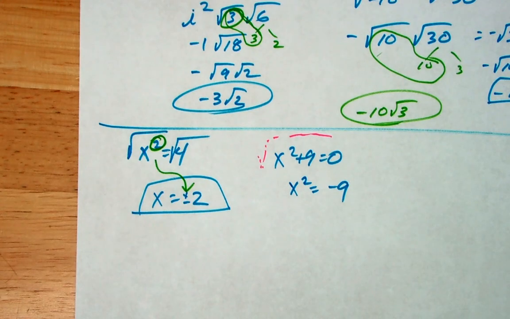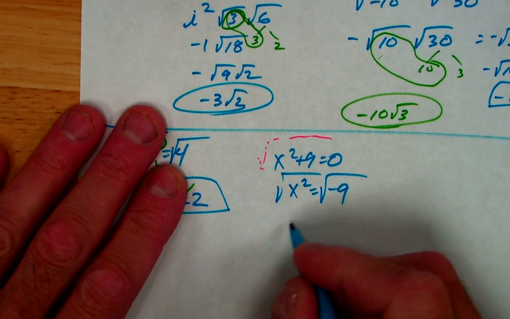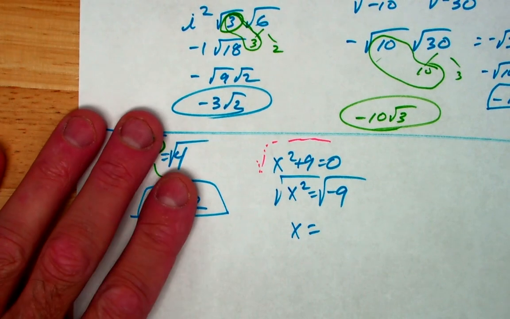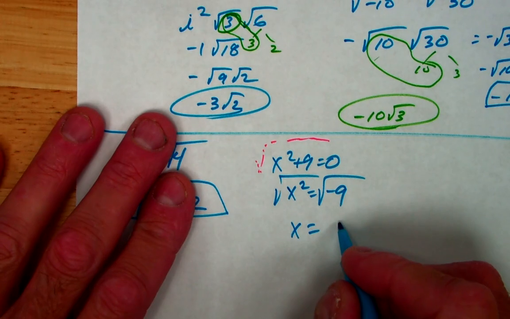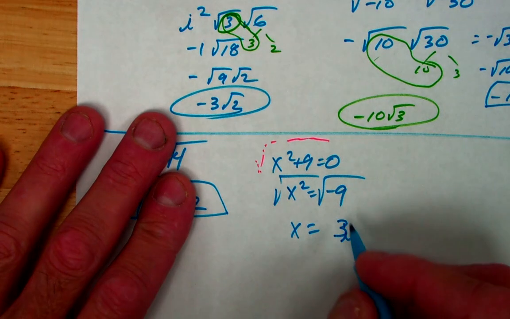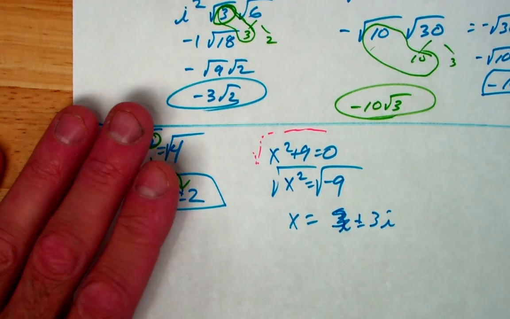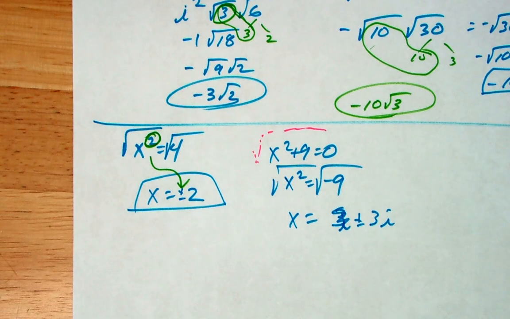So now what do I do to both sides? Square root. So x equals, what's the square root of negative 9? 3i. And I need a plus or minus. Okay. Where did the i come from? I square rooted a negative. Where did the plus or minus come from? I square rooted an x squared.